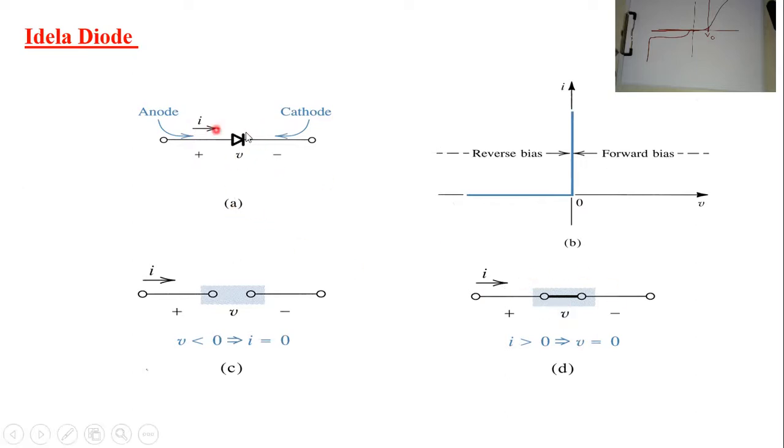If the potential is reversed, I mean the higher potential is connected to the cathode and the lower potential is connected to the anode, then it's reverse. So it's very simple to distinguish whether your diode is forward biased or reverse biased.